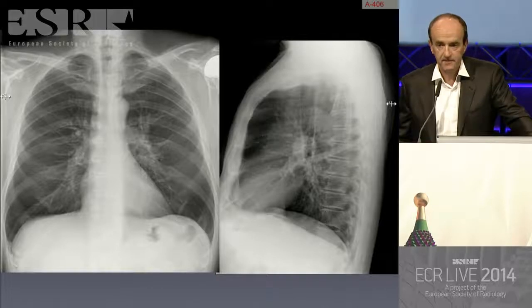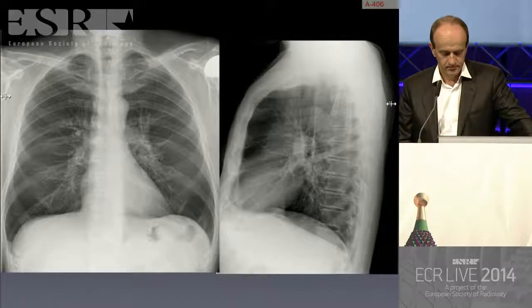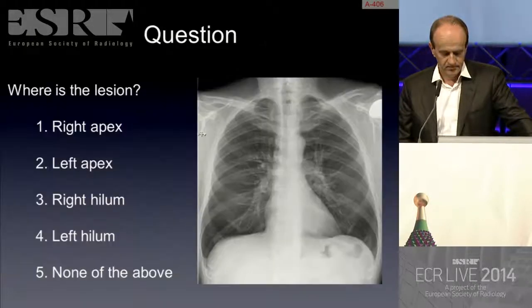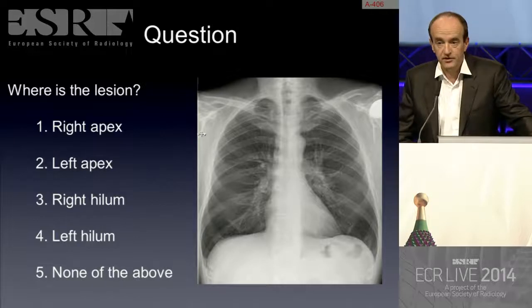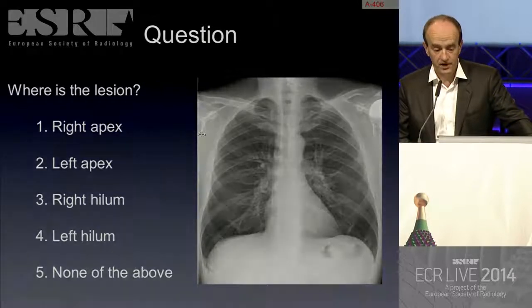Here is the chest radiograph. Where is the lesion? Right apex, left apex, right hilum, left hilum, or none of the above? Please vote now.